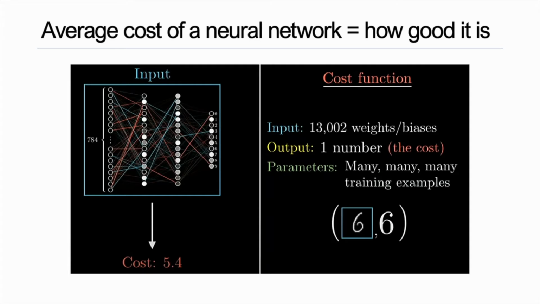In this particular example, with 784 input neurons, and the number of weights and biases associated with all of the neurons in the hidden layers, you have 13,000 weights and biases with just this amount of input. And the output for the cost function is only one number. For instance, here, the cost for this mistake was 5.4. It would average the total cost for each of these training sessions, and if your model was performing really poorly, your average cost would be extremely high.